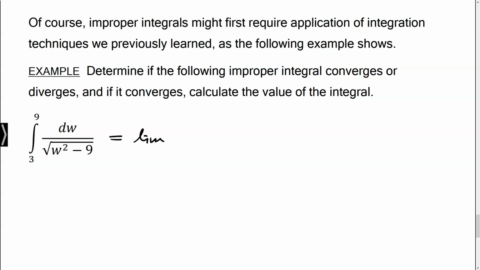It'd be the limit as t goes to 3 from above. We're integrating from t up to 9 dw over square root w squared minus 9.